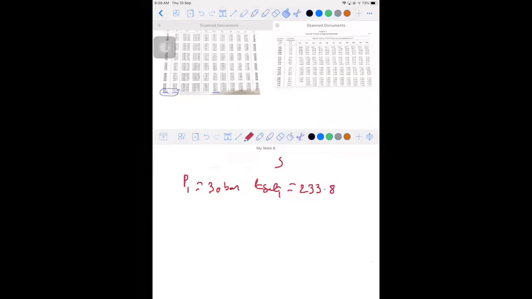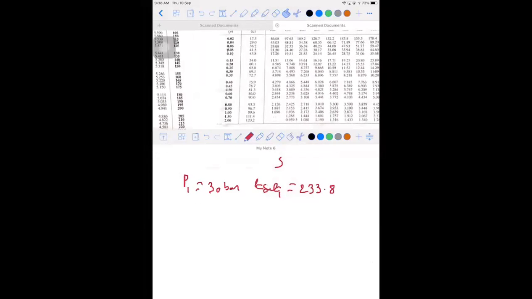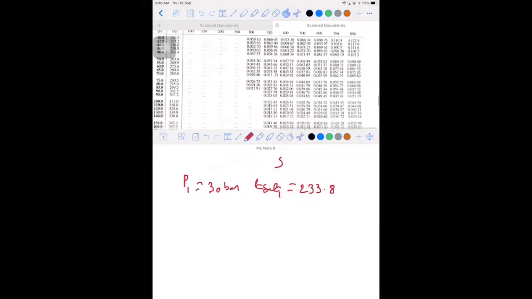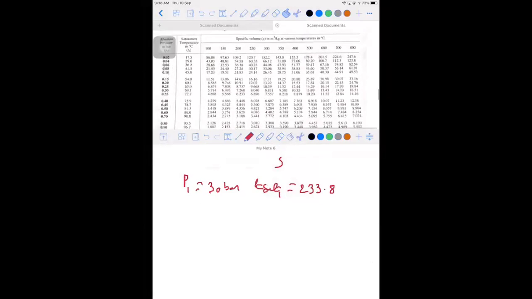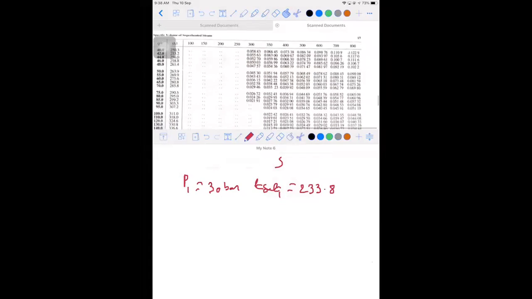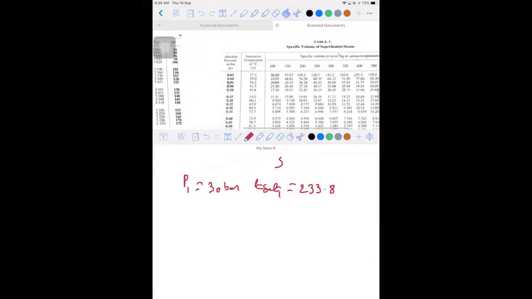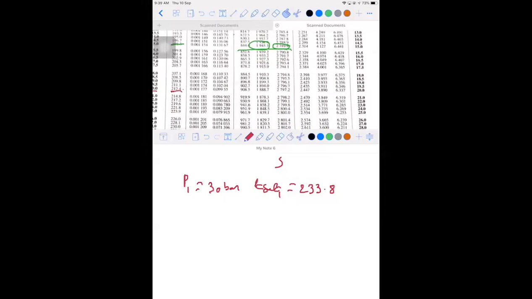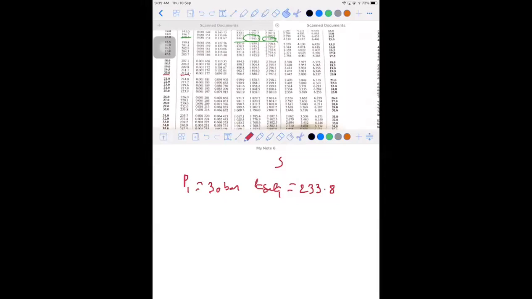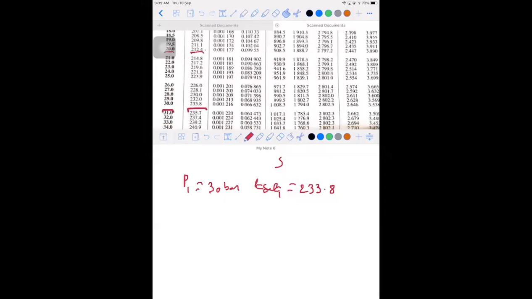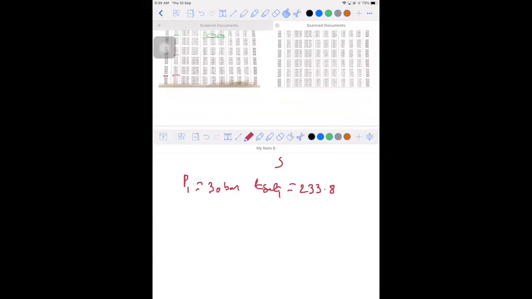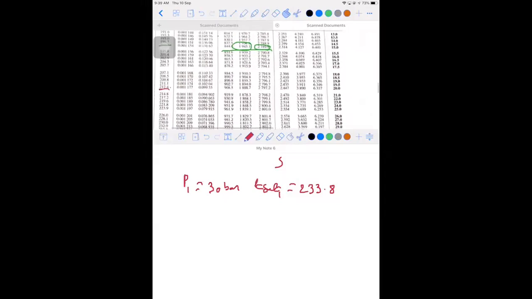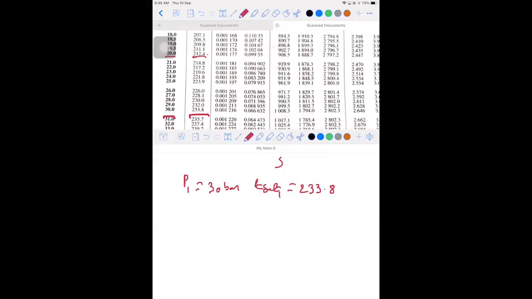In the steam tables, we have 30 bar, and you can observe here that the saturation temperature at 30 bar is 233.8 degrees centigrade.